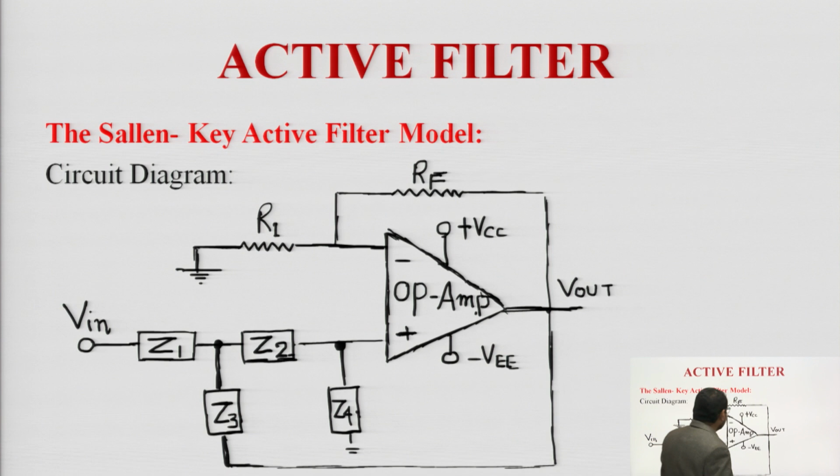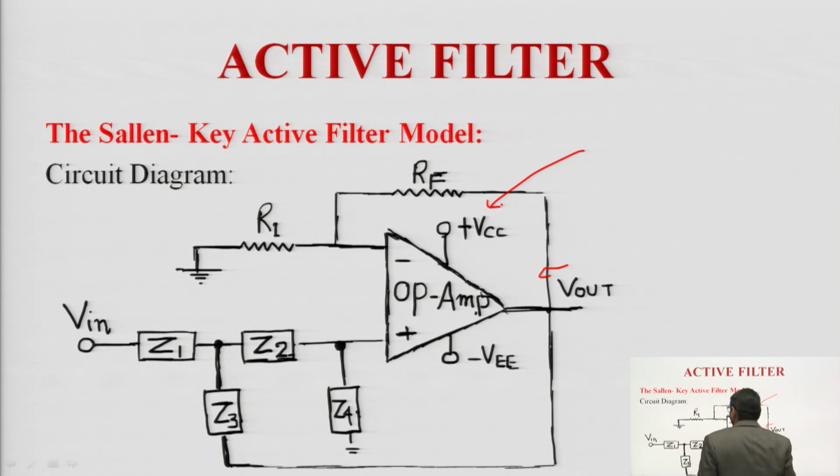So, this is the circuit diagram for a Sallen-Key filter. Z1, Z2, Z3 are replaced with R and C, R1, R2, C1, C2, depending upon which type of filter we try to design, low pass filter or high pass filter.